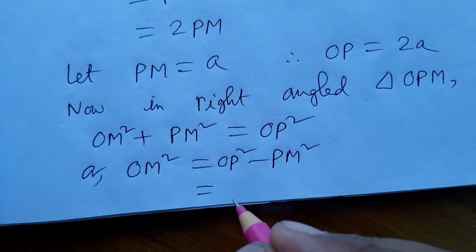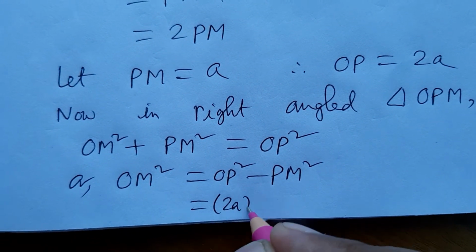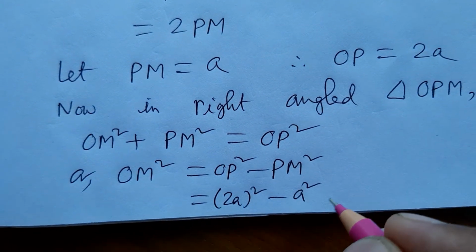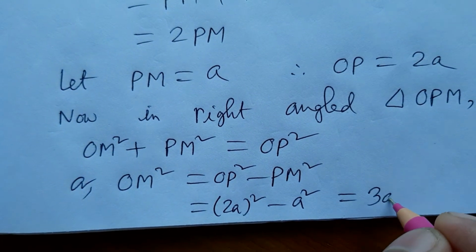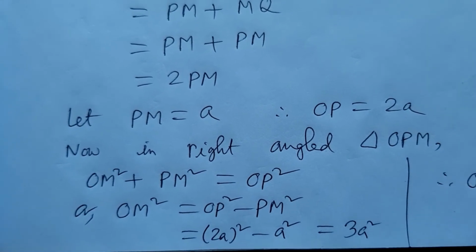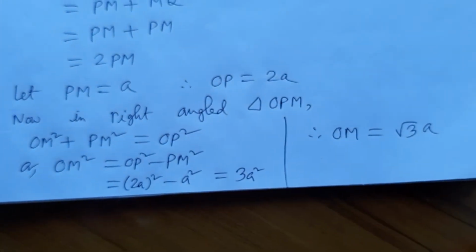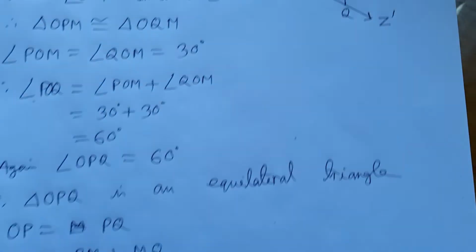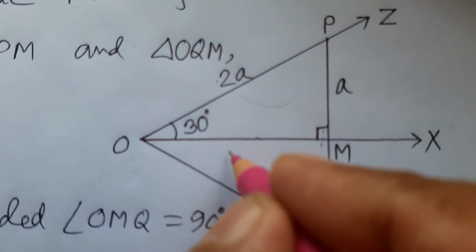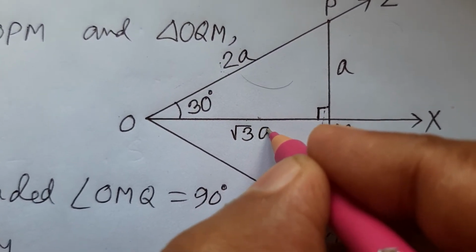So if we put the value, OP means 2A whole square minus PM means A square is equal to 3A square. Then finally we get OM is equal to root 3A.